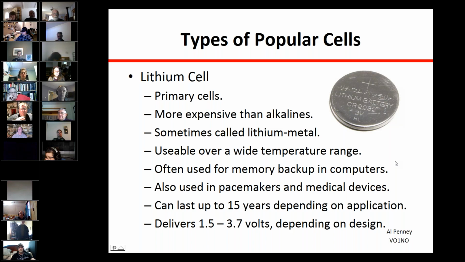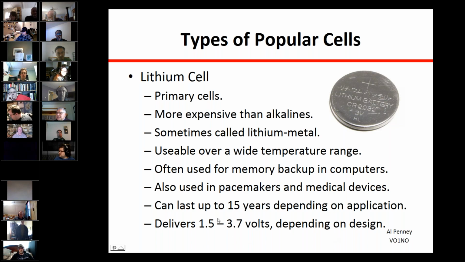Now there's lithium cells. Lithium cells are primary. They're more expensive than alkalines, and they're sometimes called lithium metal. They're usable over a wide temperature range, and they're often used as memory backup in computers, also used in pacemakers and medical devices, and they can last a long time, 15 years or more sometimes.